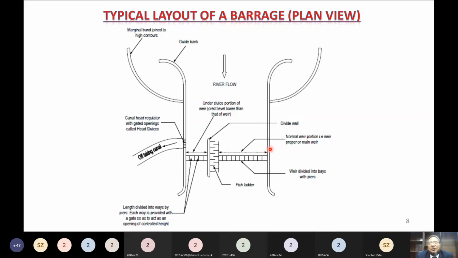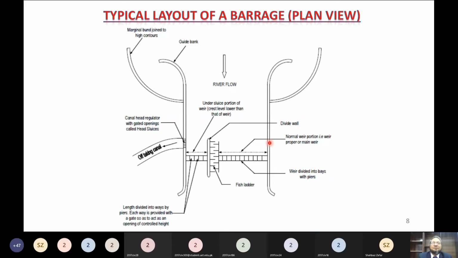If we want to take a canal from this side, from the left side as well, then we need to provide a divide wall here as well. Once we provide a divide wall here as well, then these bays would be under sluice bays, because they would again be in between the divide wall and the head regulator of the main canal.